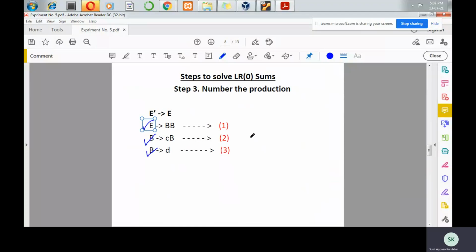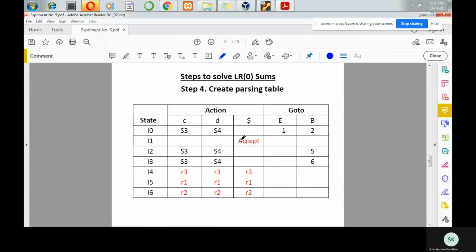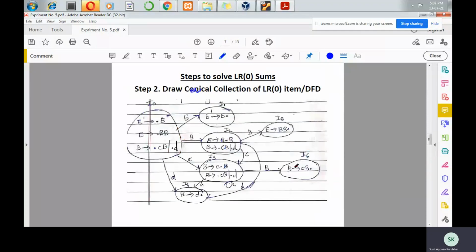In the fourth step, parsing table is created based on the data flow diagram. So there are total 7 states: I0, I1, I2, I3, I4, I5, and I6.